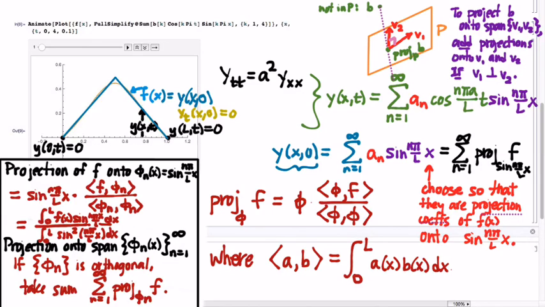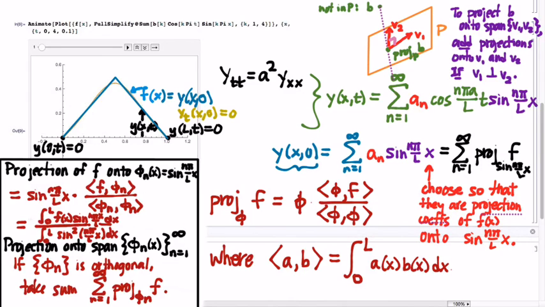The good part is that the integral in the denominator doesn't depend on the function f, so we can just crank out the integral from 0 to L of sine squared of n pi x over L. To do that, we need a trigonometric identity that shows us how to exchange sine squared for one half times 1 minus the cosine of twice n pi over L times x. So we use a trig identity just like you do in Calc 2 to evaluate the integral in the denominator.